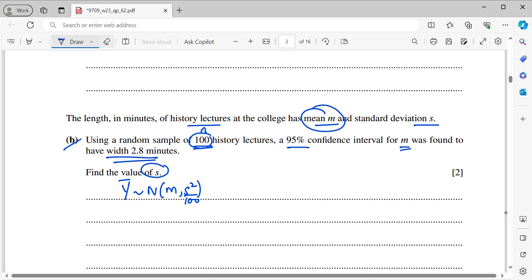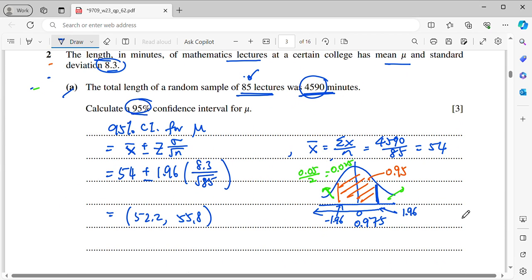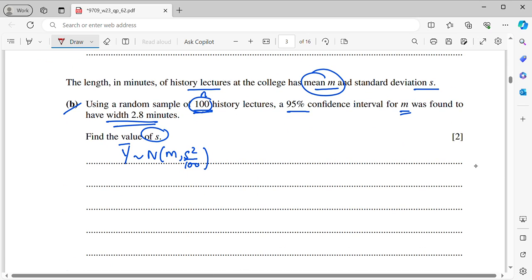Alright, so what to do here is we need to find the width of the confidence interval. So basically it is similar to previous, right? From here, the width is basically double of this part, because we know that the formula is x bar or y bar plus minus z sigma over square root n, or s over square root n in this case.